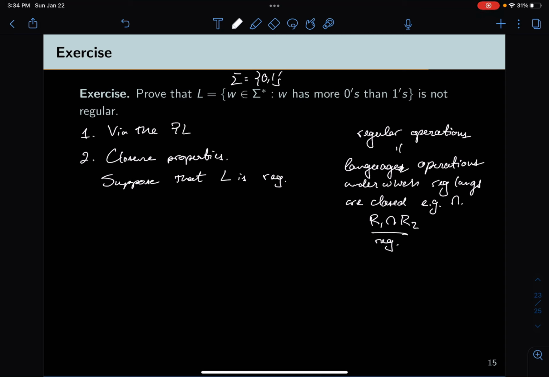I'm going to take inspiration from one of the previous exercises, where we proved that the language L' of strings 0^n 1^m, where n is strictly greater than m, which is greater or equal to 0, is not regular.